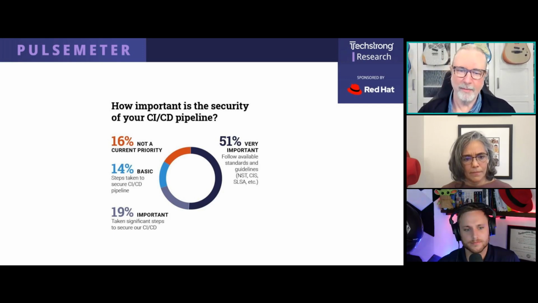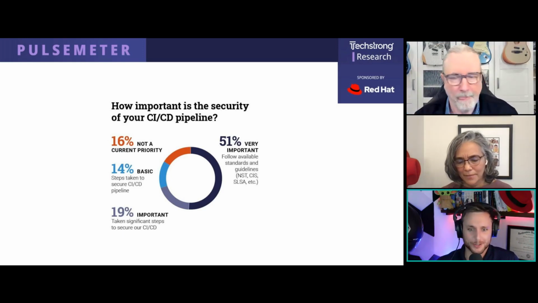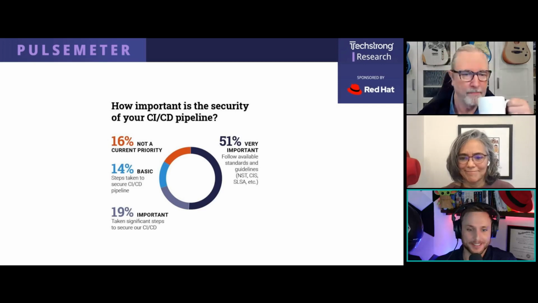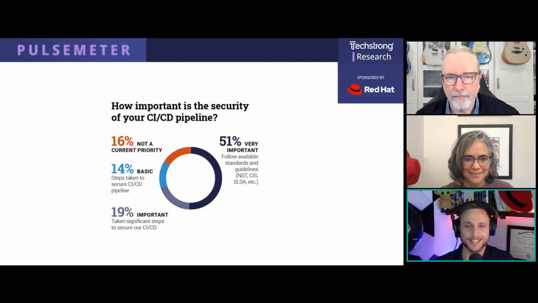So your mileage varies a lot, depending on if you're greenfield, like we were talking about earlier. And if anyone in the chat is implementing a SLSA framework, I would love to hear from you, because that's a pretty broad but also extremely strict framework if you're getting up to level 4. So if anybody's at level 3 or level 4, I'd love to hear what that process has been like.